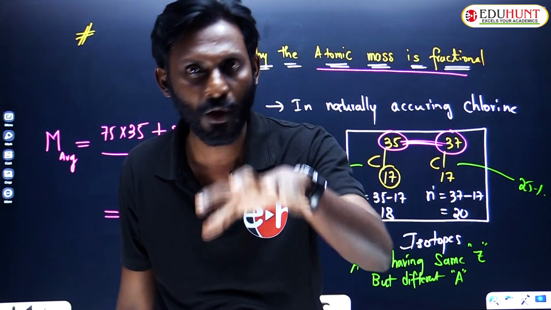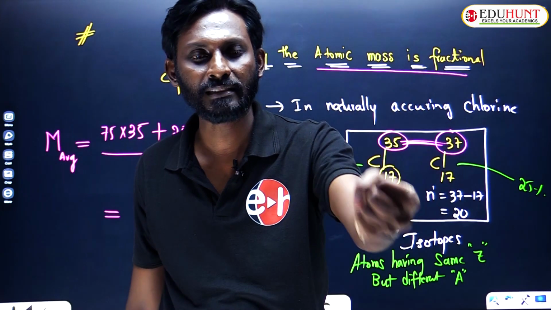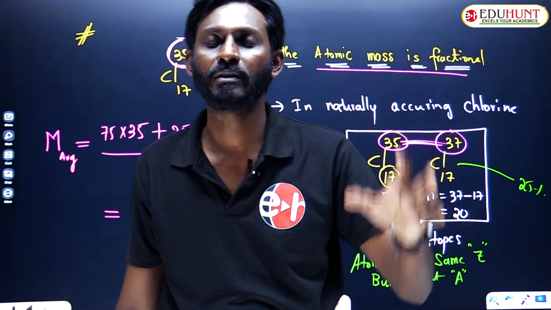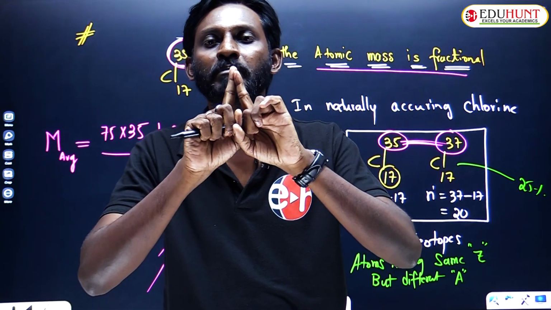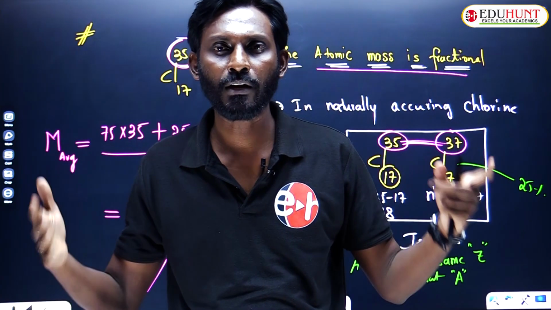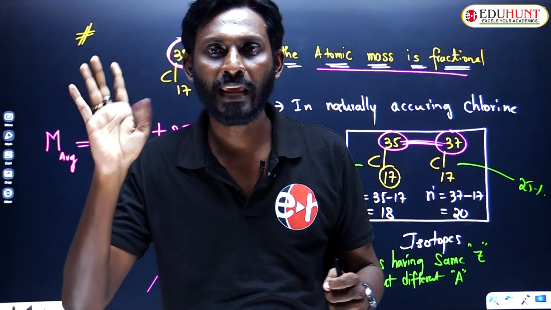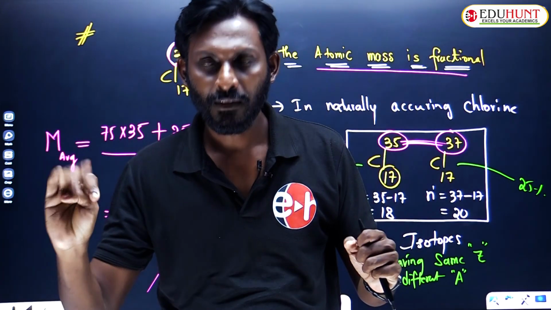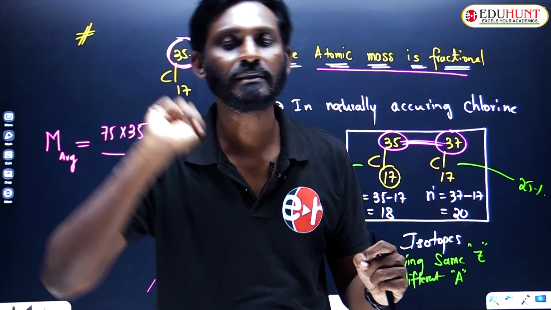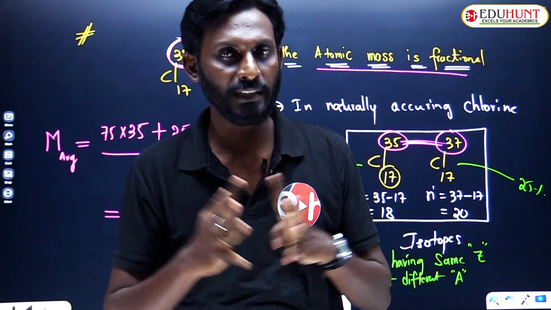First understand the concept, then memorize all the facts and concepts in the proper order. So there is a periodic table available to you. In that periodic table there are around 119 elements. You have to memorize the names, symbols, atomic numbers and mass numbers of at least 1 to 30 elements.